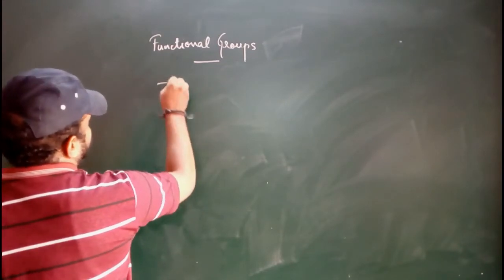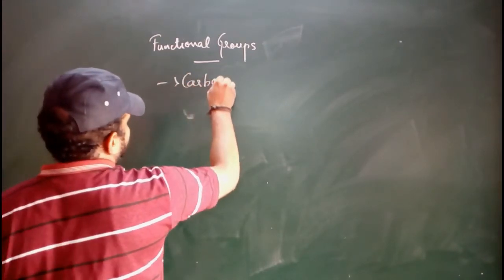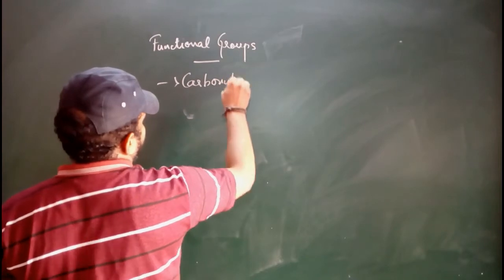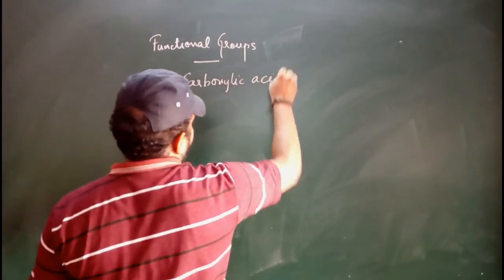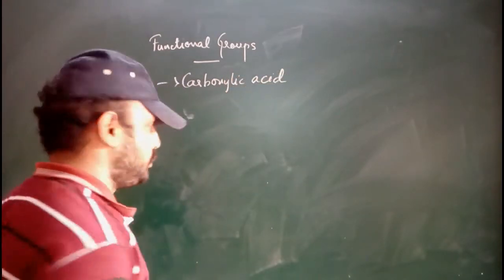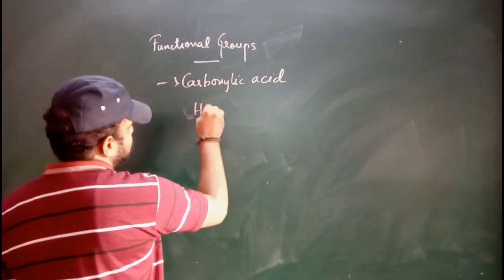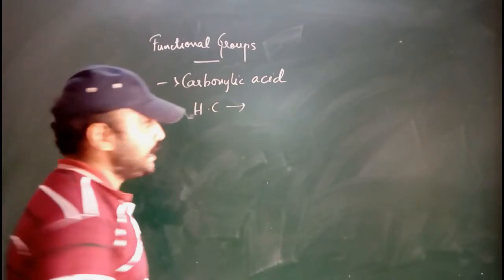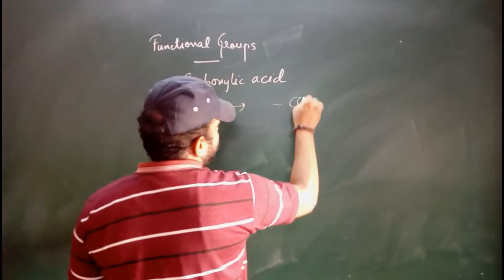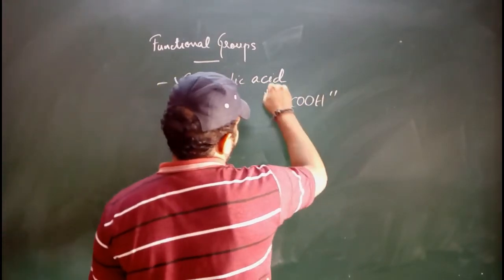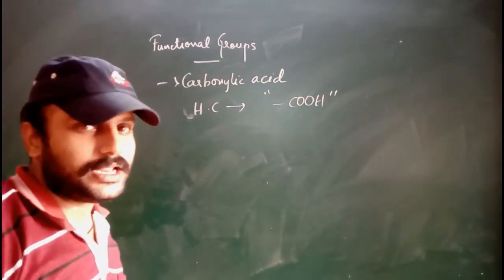Next one is carboxylic acid functional group. Carboxylic acid functional group. So how this carboxylic acid? Hydrocarbons containing COOH functional group is called as carboxylic functional group.